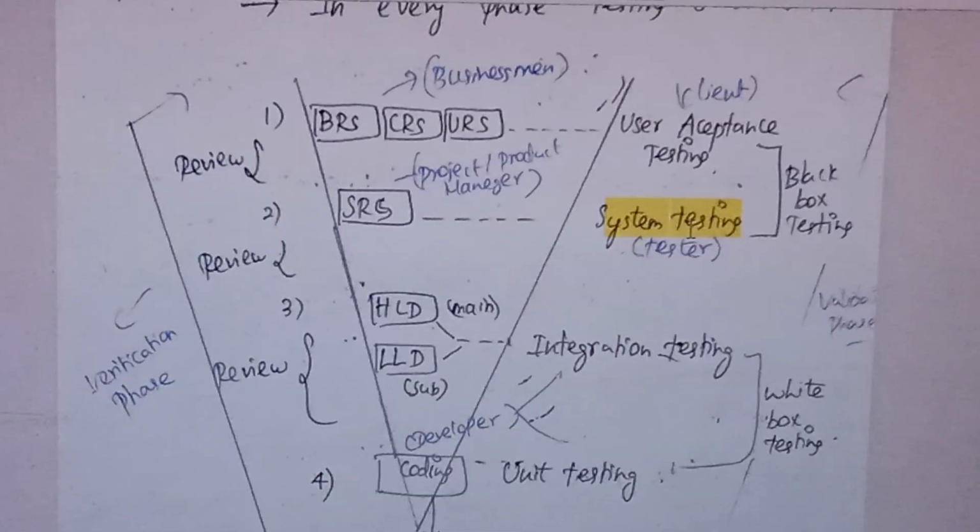System testing is classified into GUI testing, usability testing, functional testing, and non-functional testing, which is a very big portion. I will explain everything clearly in the next videos. And finally, user acceptance testing means checking whether the client's requirements are satisfied or not.